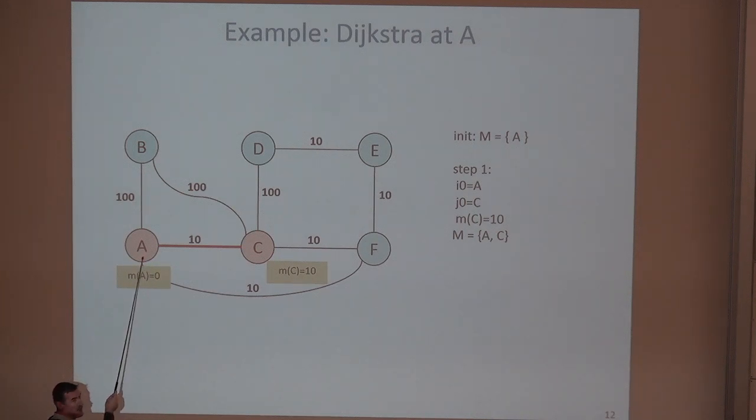Inside there's only A. So the first step of the algorithm consists in finding the neighbor that is the closest to me. Here it's C, so I add C. So the pair I0, J0 is AC. I add C, and I add the label of C, its distance is 10. And I add this link, the predecessor of C is A, so I add this red link to the tree. This is the state of the tree at this iteration.